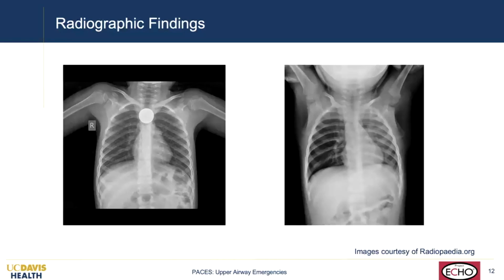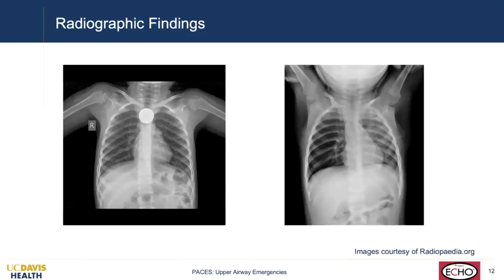And then on the right-hand side, what that X-ray is showing is some asymmetric air trapping in a child who had a tracheal foreign body that then sort of migrated to one side. So in this case, it migrated to the right main stem bronchus and is having that ball valve sort of physiology where it's letting air pass on inspiration, but then as it's getting pushed up against the more narrow part, it is not allowing air to be exhaled the same way.